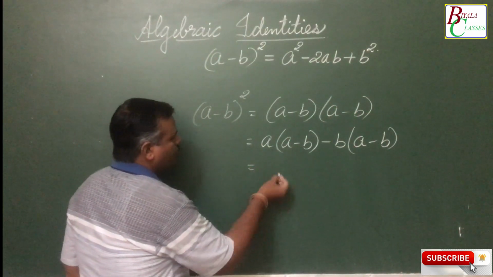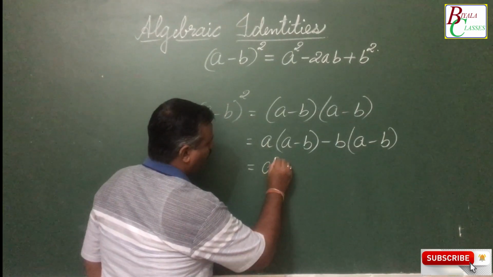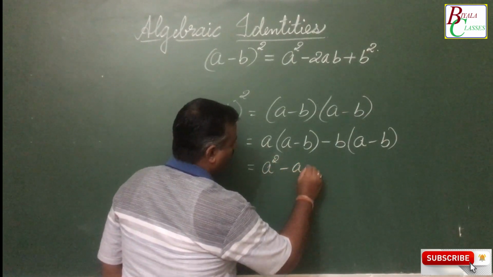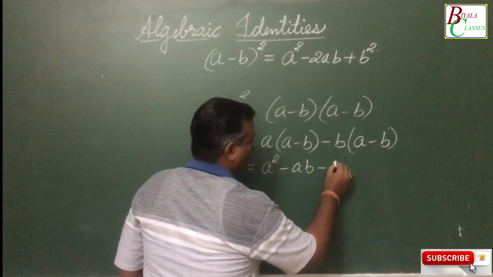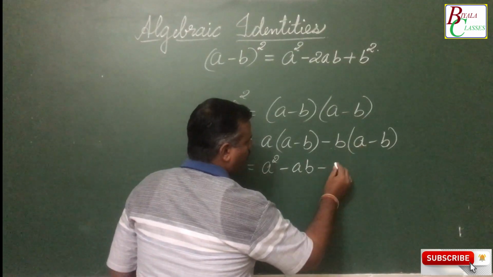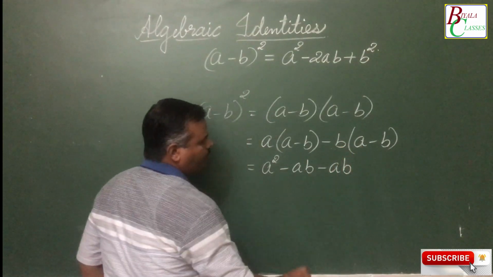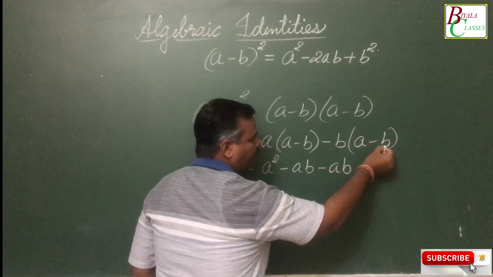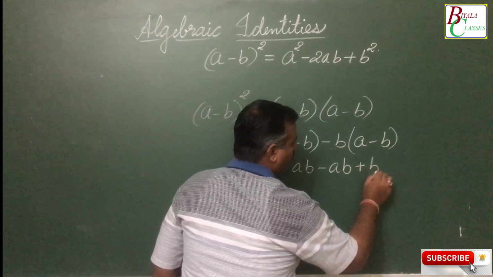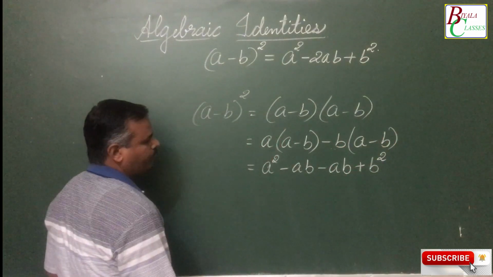So on multiplying this, what do we have here now? a squared minus ab. Here minus b multiplied by a is again minus ab, and minus b multiplied by minus b gives us plus b squared.